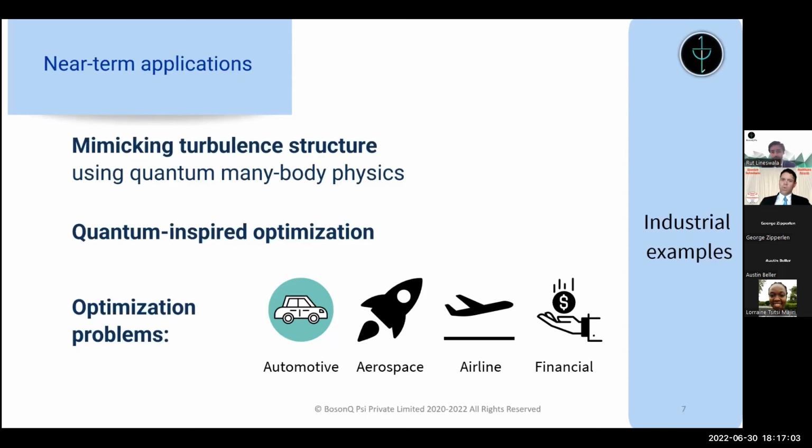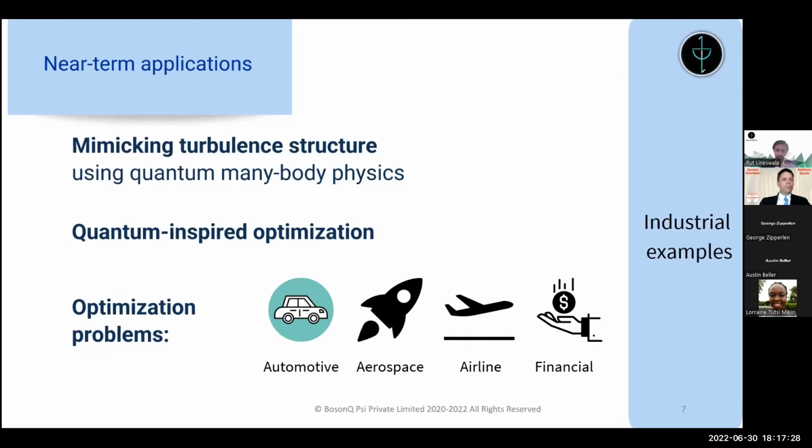And so in the automotive area, there is a whole aspect of traffic flow simulation. In the aerospace, you have, again, the traffic flow management. You have the route optimization aspect of it. On the airline front, you have the revenue management, not just airline, but on any front, you have the revenue management problem.